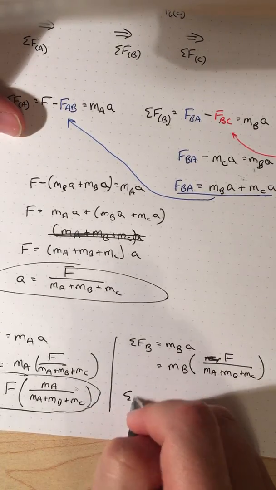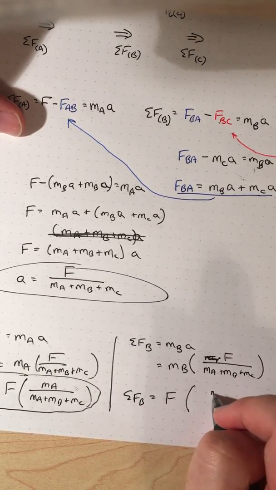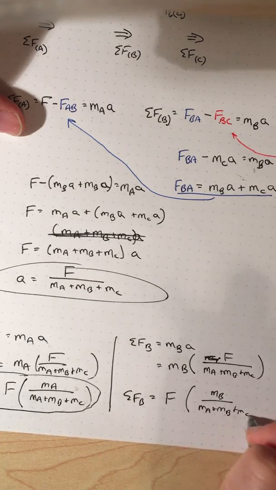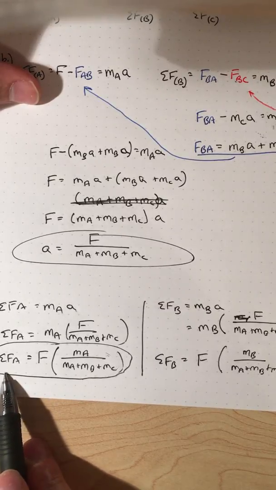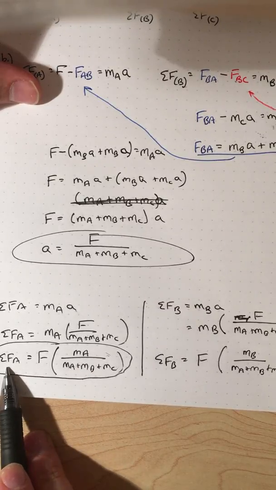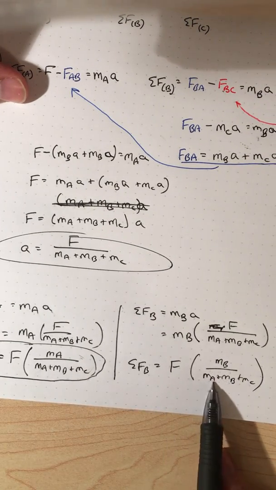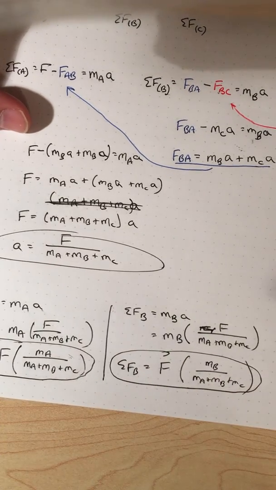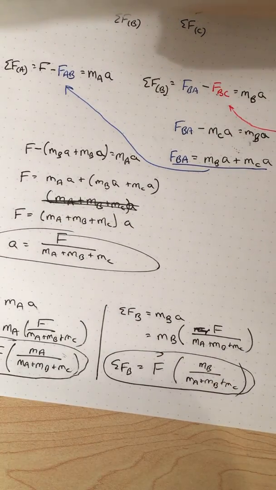So again, we have that the sum of the forces on B equals, we're just going to get the same thing over and over again, F times MB over MA plus MB plus MC. So again, a third of the force went into the net force on A. Once again, if we treat each of these as equivalent, a third of the force is going to be the net force on B. And if I were to do this for C, I'd get the same thing. The sum of the net forces on C would be F times MC over MA plus MB plus MC.